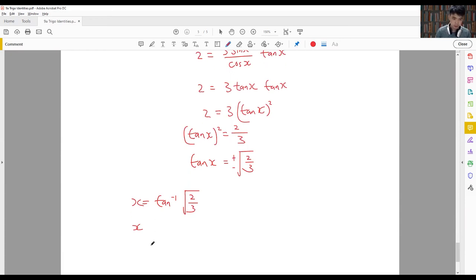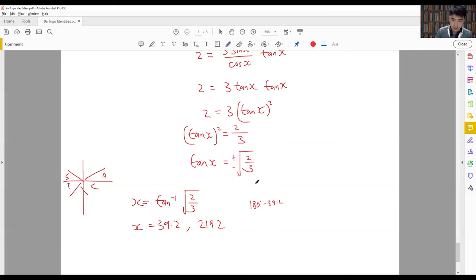This is first equal to 39.2 degrees. And since it is a positive tangent, ASTC, the second value for positive x is going to be 180 plus this, 180 plus 39.2, you would have 209.2. Then using this same value, find the negative values. Let me just clarify this.